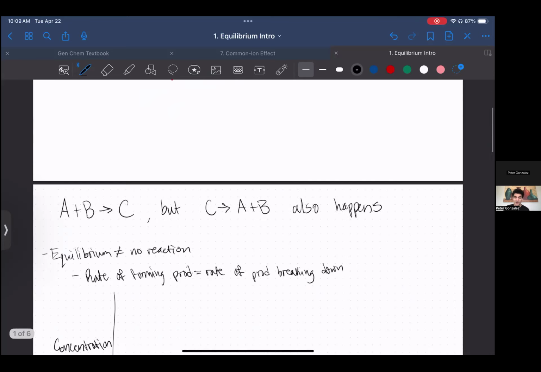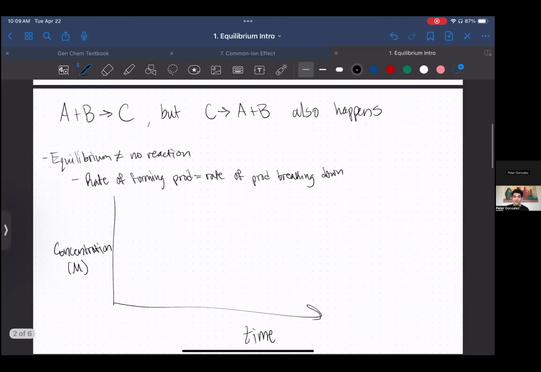So the first thing I want to talk about with equilibrium is, just imagine you have a reaction of two things coming together to form some new thing. It doesn't need to be super complicated. It can be like maybe A and B just formed a new bond and they became this other thing called C. What also happens, and it's very possible, is that if you form that one bond, it's very easy for that bond to break, whether through a lot of collisions or because it's a really hot reaction.